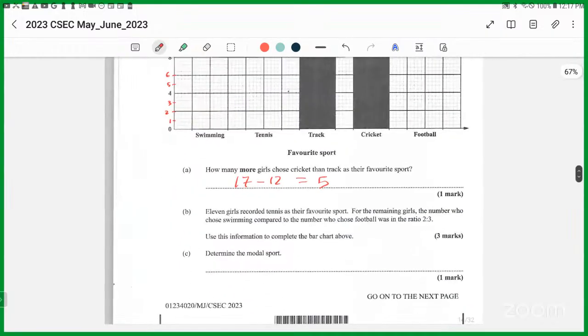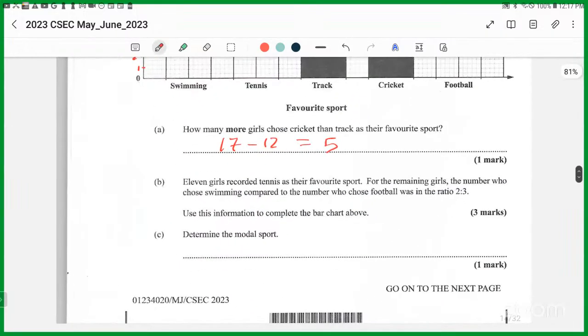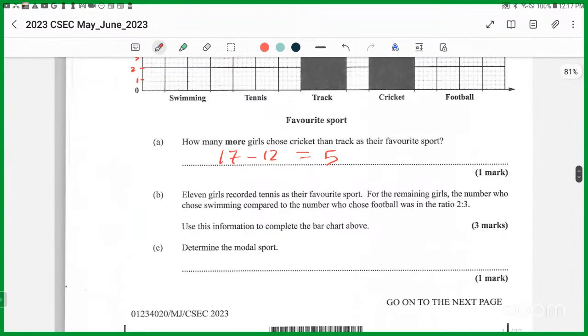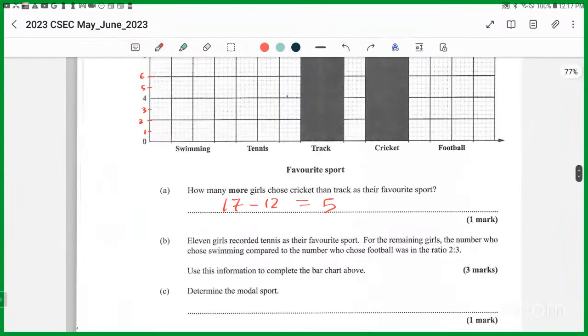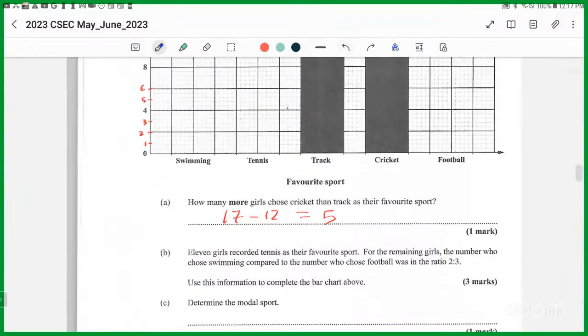All right. It says 11 girls recorded tennis as their favorite sport. So 11 girls recorded tennis right here. We're going to have to draw the bar. I know we're going to have to draw the bar. That's how these questions are. So since they tell us 11 girls recorded tennis, I'm just going to put it on from now, before I do anything else, because I know I'm going to need it. So tennis is 11.